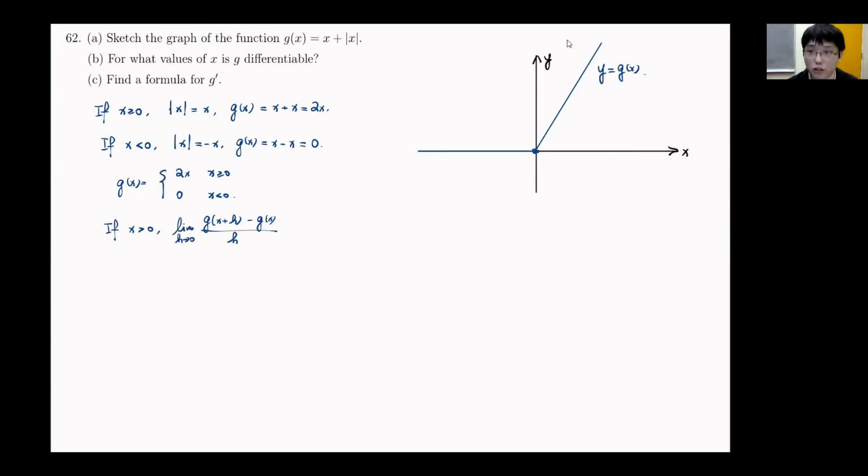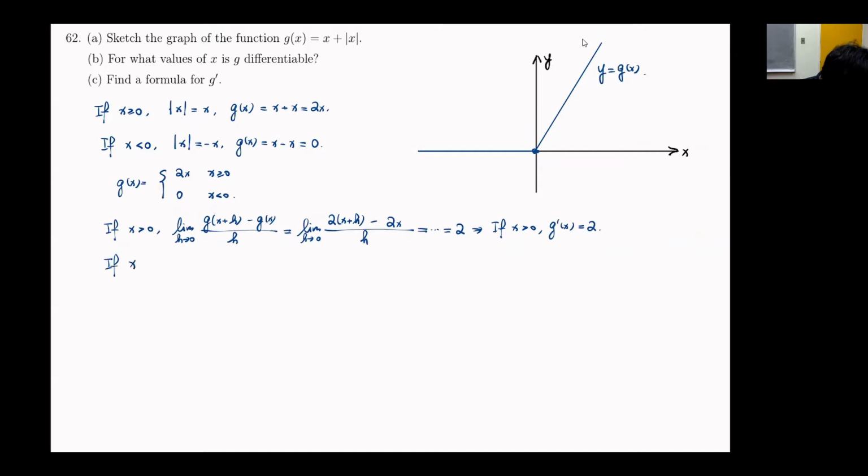Because now x is a generic number, I will just use the same formula for g of x plus h and g of x. So g of x equals 2x, and g of x plus h will be 2 times x plus h. I will skip the computations, but at the end of the day, what you get is a constant number 2. So if x is strictly greater than 0, g prime of x equals 2. So that's what we have obtained here.